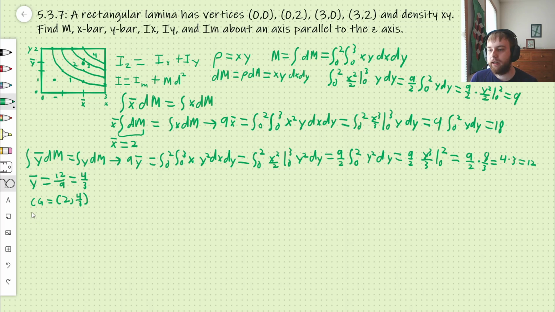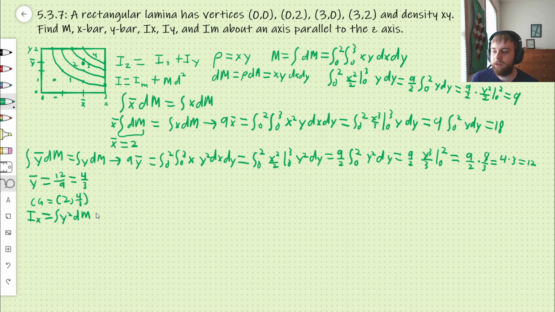Then what is our moment of inertia around x? In order to do this, we take the integral of y squared dm.